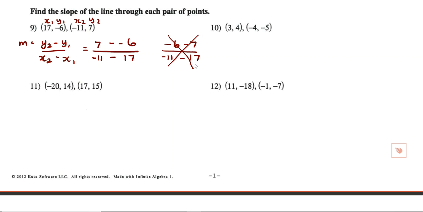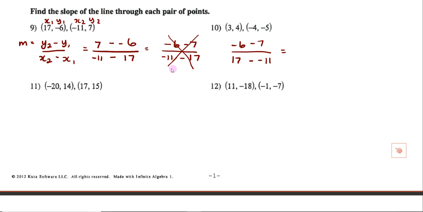All right? Does that make sense? I can do negative 6 subtract 7 and then do 17 subtract negative 11. You will find if you do those, you get the same answer. But you can't swap one and not swap the other. So it is worth just saying x1, y1, x2, y2, label it on your points.